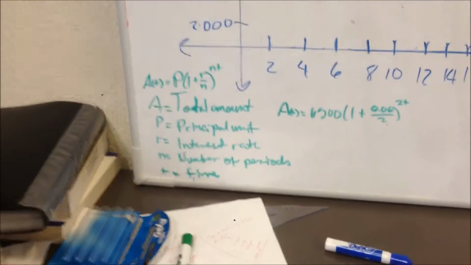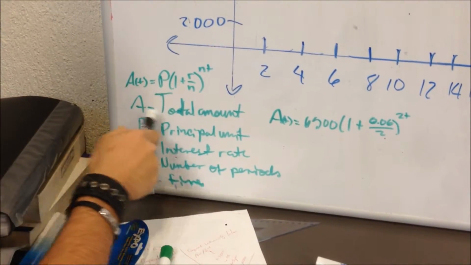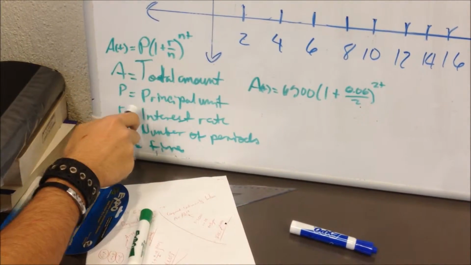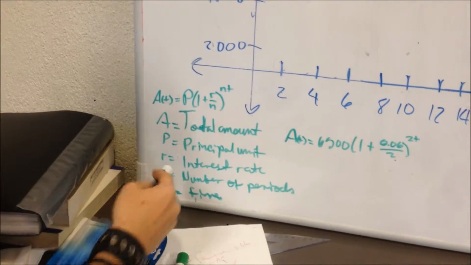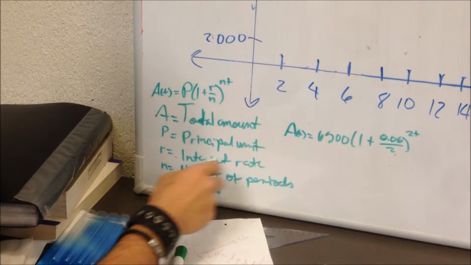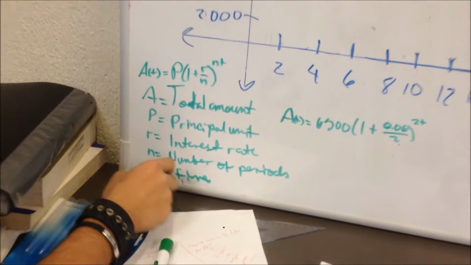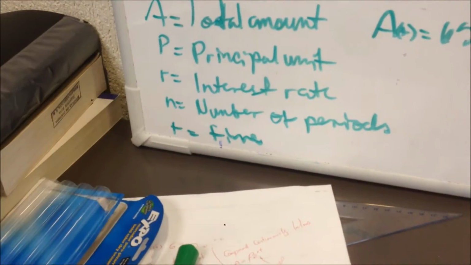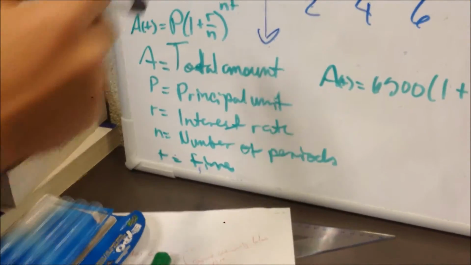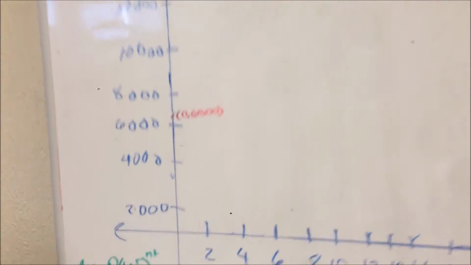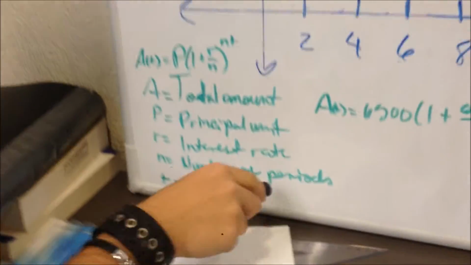This has as variables A, that is our total amount, P, that is your principal or initial unit, R, that is your interest rate, N, that is the number of periods that you want to stop and restart the interest rate, and T is the time that will always be your X.